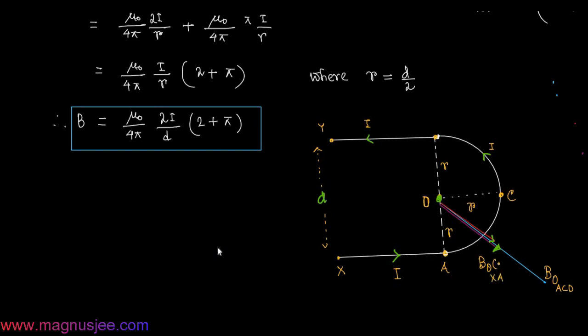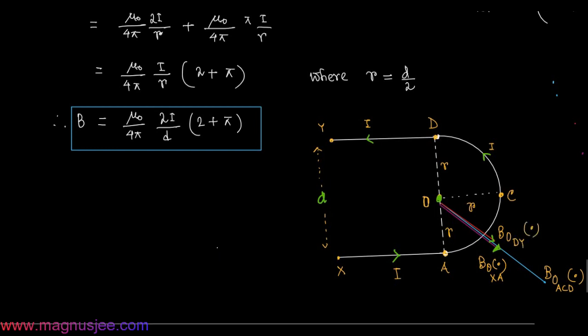Now BOXA is acting outwards, that's why it is denoted by a dot under bracket. Similarly, BODY is also acting outwards, that's why it is denoted by a dot.